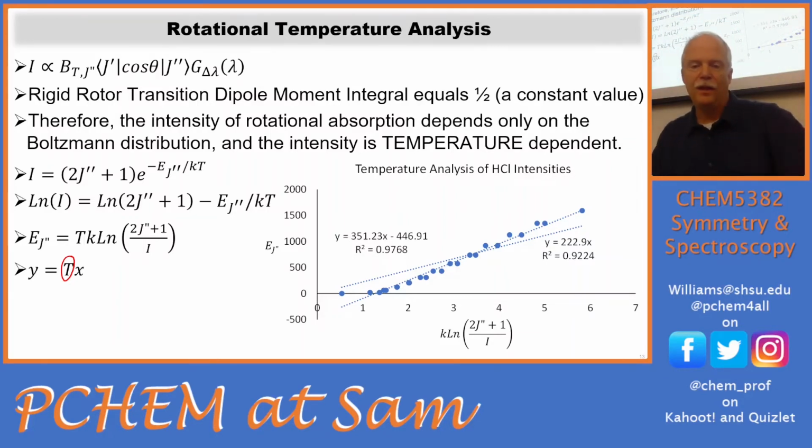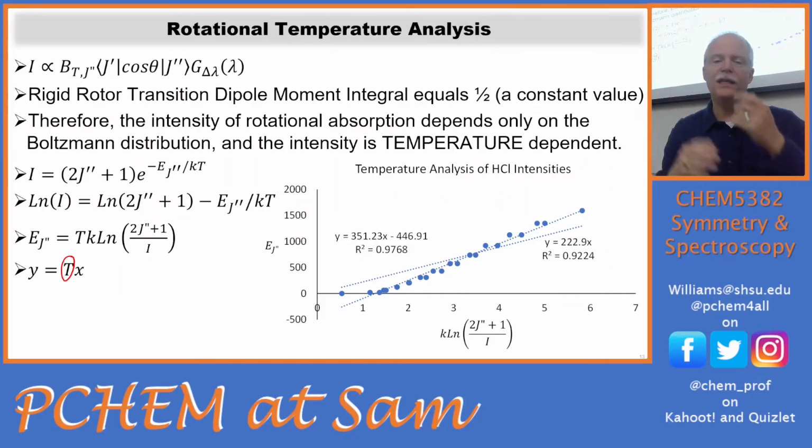Now, it seems like there's some offset. I'm not sure if this is related to the baselining of the data. I took the experimental spectrum, which had a non-zero baseline, and it was tilted slightly, so I did change the baseline of the data.